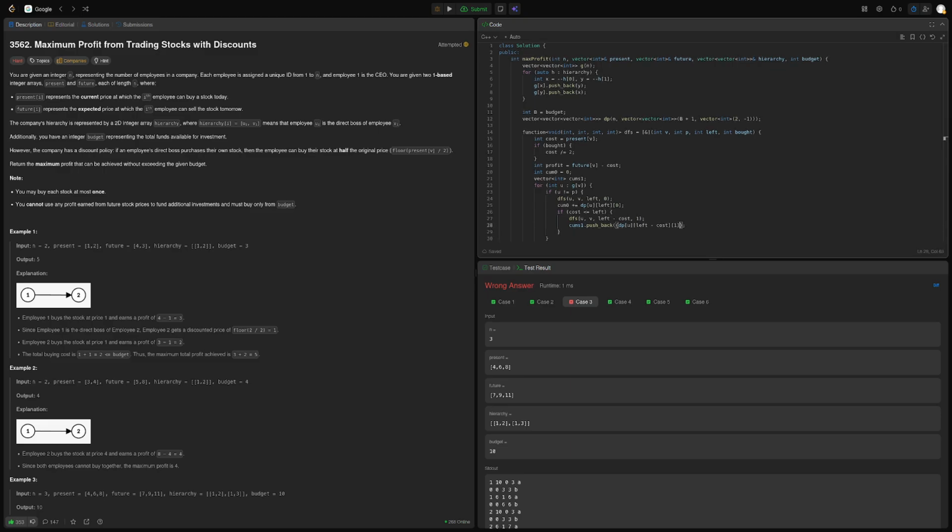So I'm running into the same problem, but this time I know how to solve it. Hopefully. Oh, no, I don't, because I say that this is my budget. I need to compute it for all budgets, just like I had before.